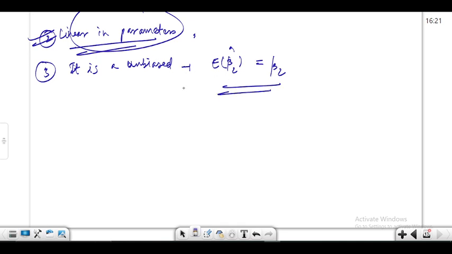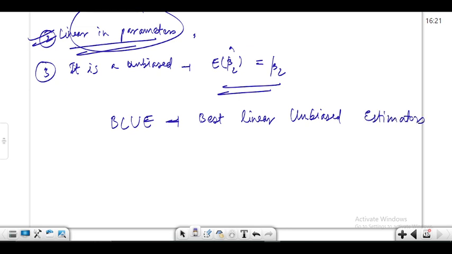In short, what the Gauss Markov theorem says is that my estimators are BLUE, which means best linear unbiased estimators. This is a property that the estimators in my classical linear regression model follow.